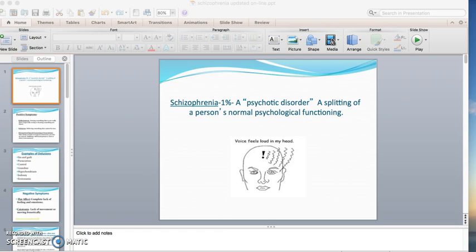When we talk about psychosis, positive symptoms are symptoms that are present that shouldn't be there. Negative symptoms are behaviors, things that are missing that should be there. As I go through the slides, this will make more sense.